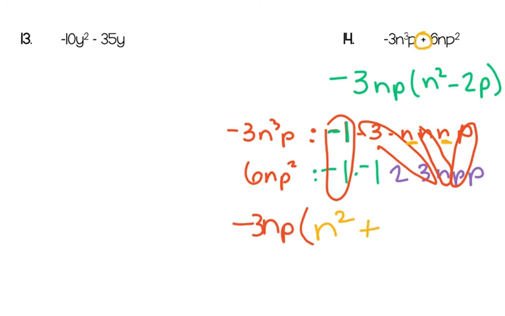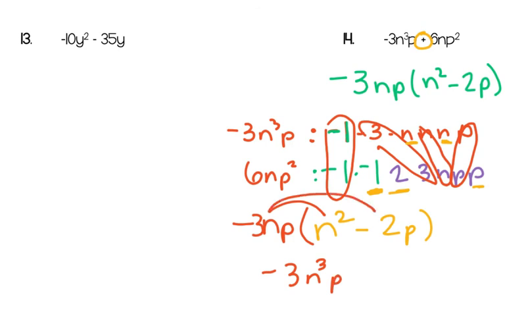If you did a plus right there, then when you multiply it back together you're going to get a negative, and that doesn't work. So when you pull the negative out, you want to make sure that this is going to be a negative 2p, so right here you're going to write minus 2p. Then when you multiply it back together, you've got negative 3n to the third p, and then negative times negative is positive 6np squared.